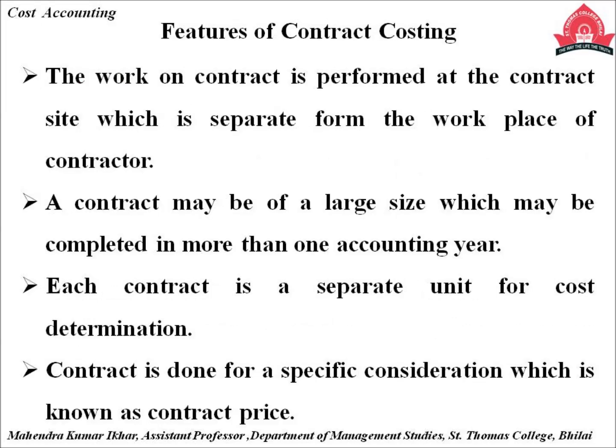Moving towards the features of contract costing, the work on a contract is performed at the contract site. There will be a specific location to perform the contract. For example, constructing a house on a land, construction of a building, for example a school, college, hospital, or some bigger constructions like construction of highways, a dam, or a multi-story building.